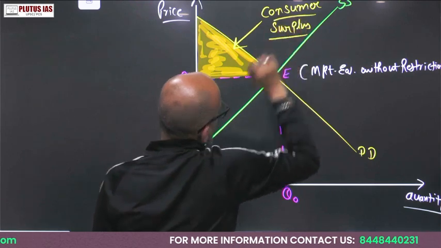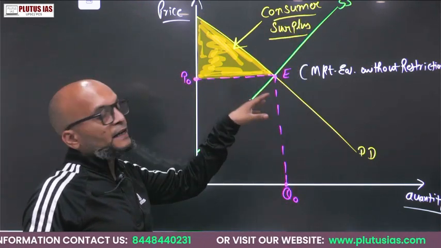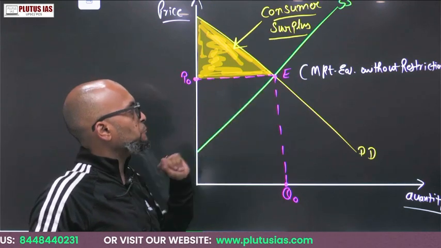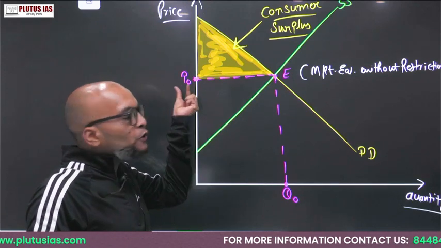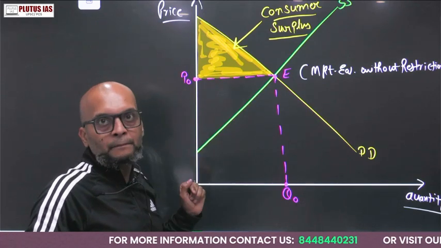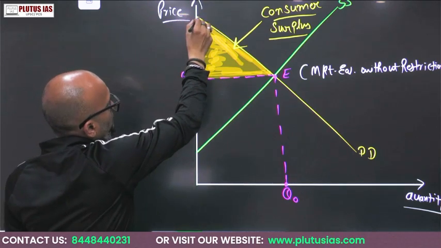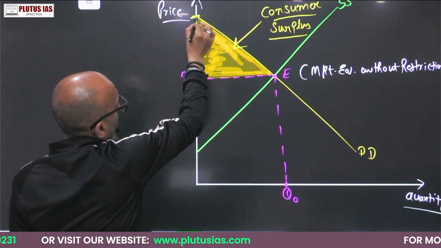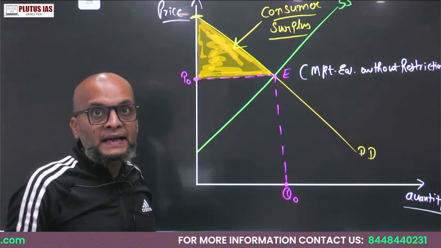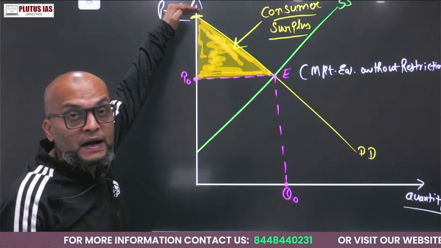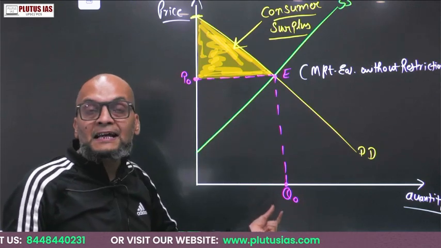What is the meaning of consumer surplus? Please see, equilibrium, free market equilibrium or a market equilibrium without restrictions was obtained at point E, and at point E the consumers had to pay P0 price for Q0 quantity, right? But if you look at this demand curve, you will observe that demand curve is starting from here. That means that consumers were willing to pay even higher amount of price for the same amount of goods.